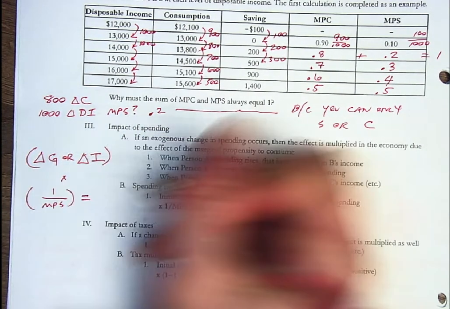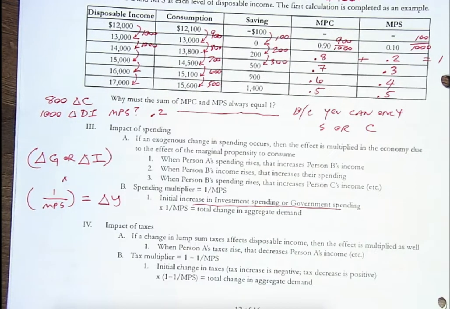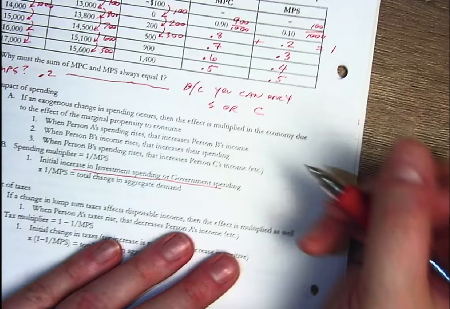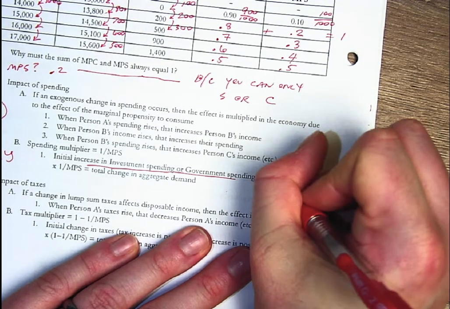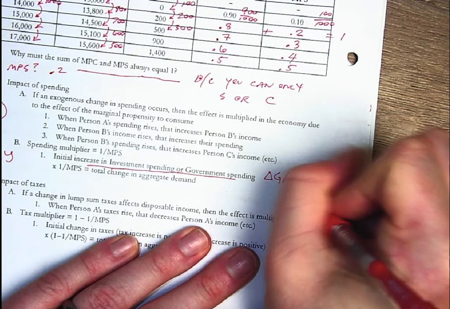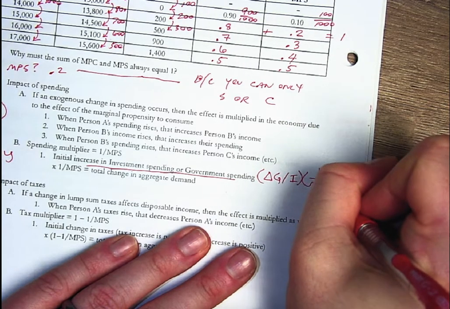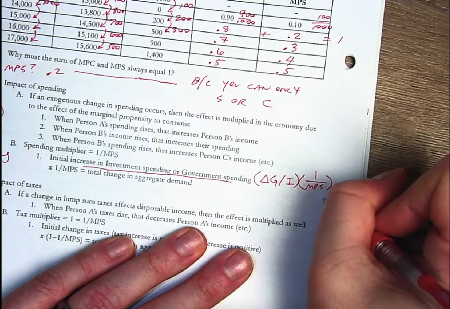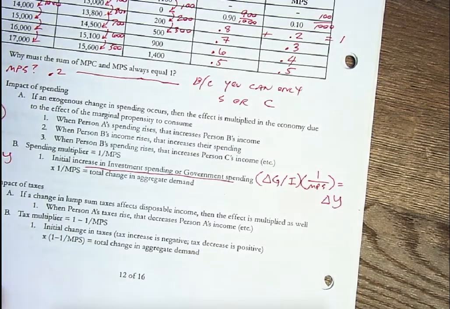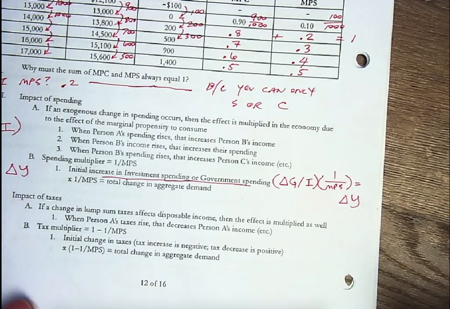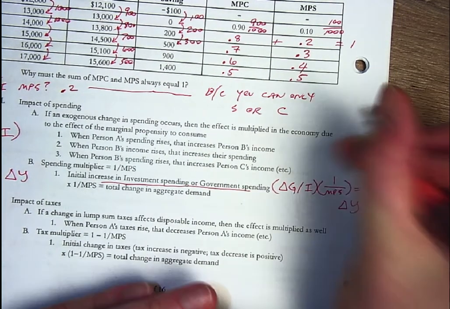And what that's going to yield is the change in output, the total change in output. So maybe it would be a little easier if I wrote it right over here as well. So the change in G or I, times 1 over MPS equals change in output. And that tells us the total change in the amount of total aggregate demand. So test question, you ready for this? Test your knowledge. Government spending goes up by 100.